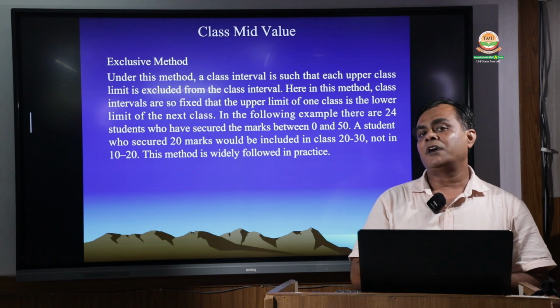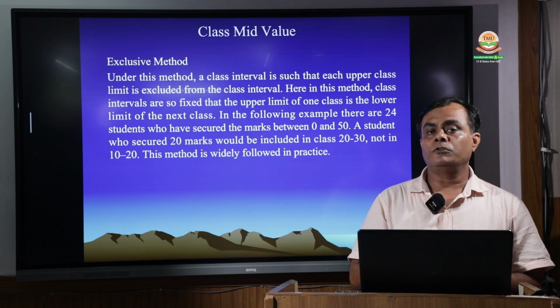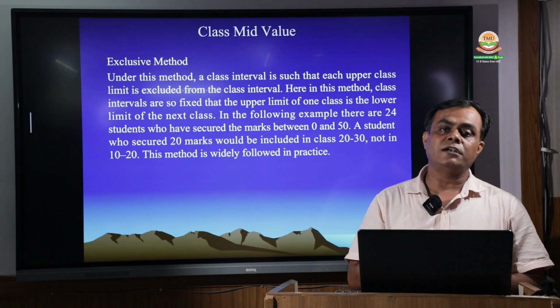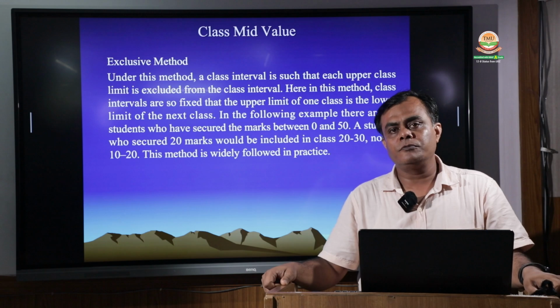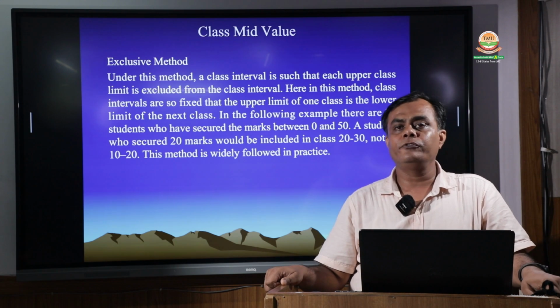But if a student obtains 20 marks, which class do we put that in? We can try to understand this regarding the class interval for the exclusive method.